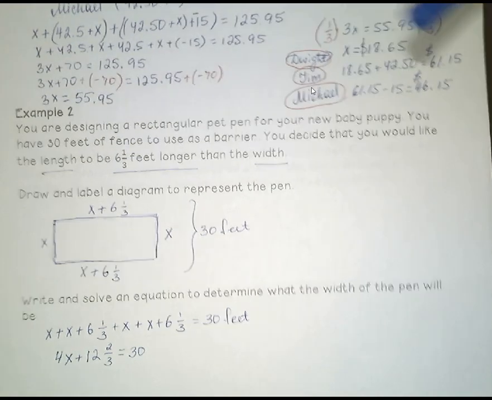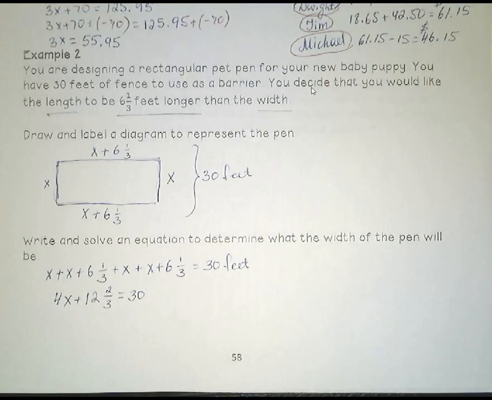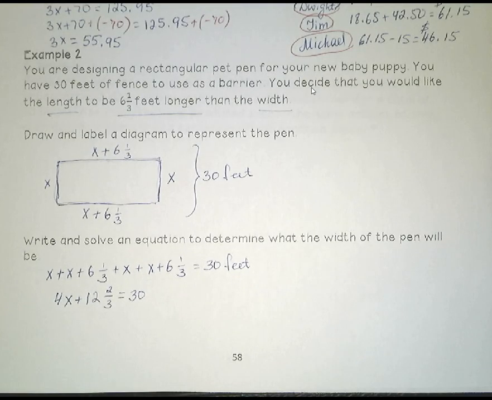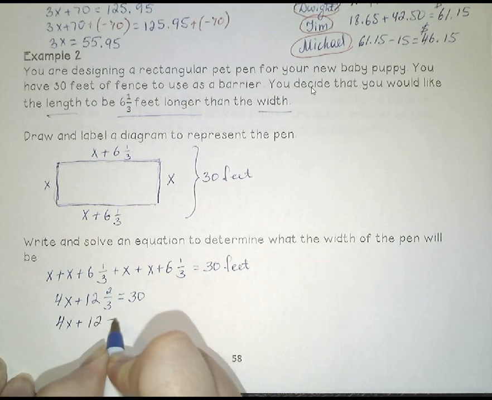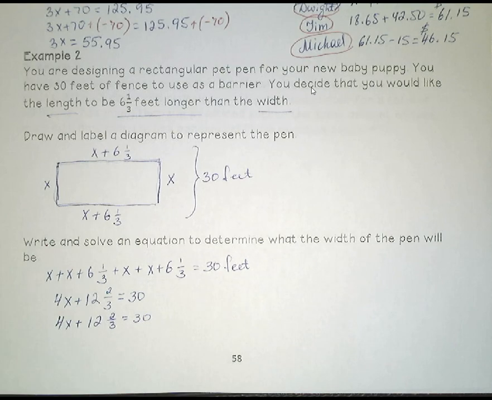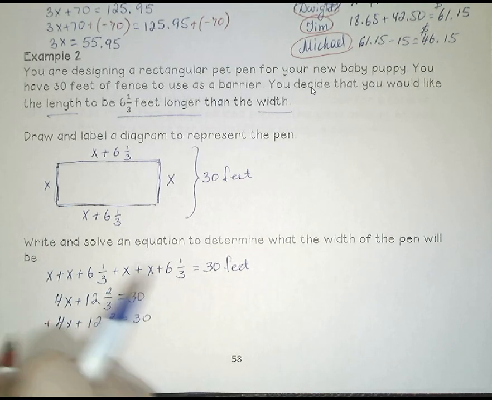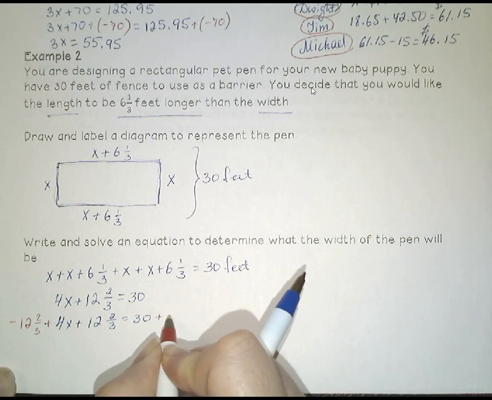Okay, so now we want to get rid of that 12 2/3 first by adding the opposite of it. So that will be 4x plus 12 2/3 equals 30. And we are adding negative 12 2/3 to both sides.